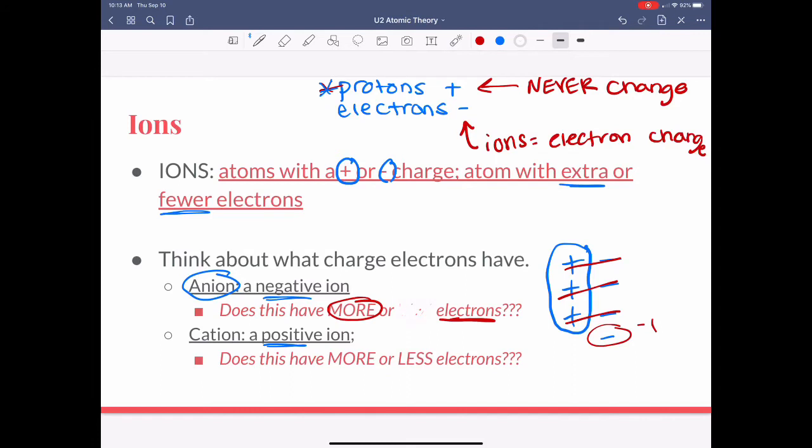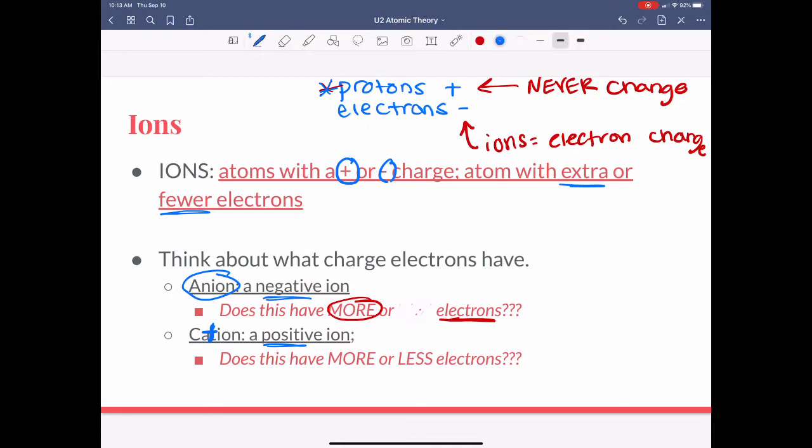Then when we look at cations, cations are our positive ions. One way to remember this: the t in cation looks like a plus sign. So cations are positive. Does this mean that they have more or fewer electrons?